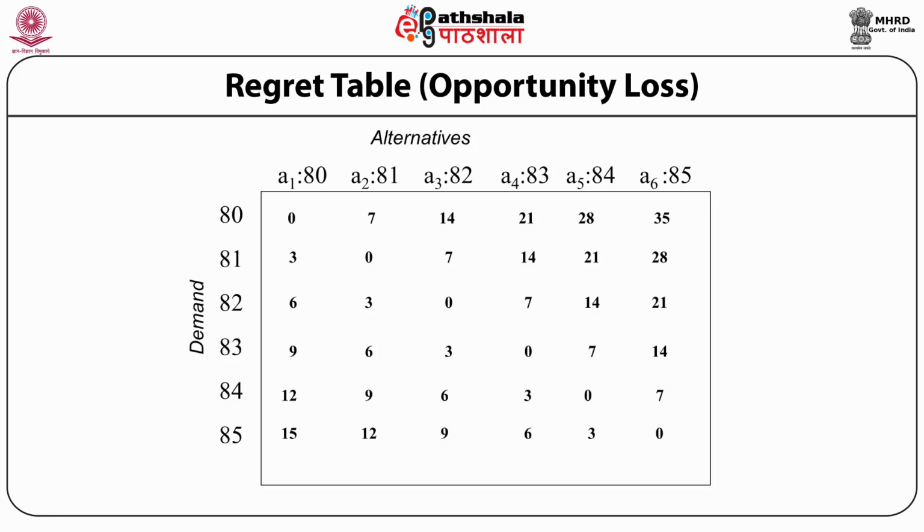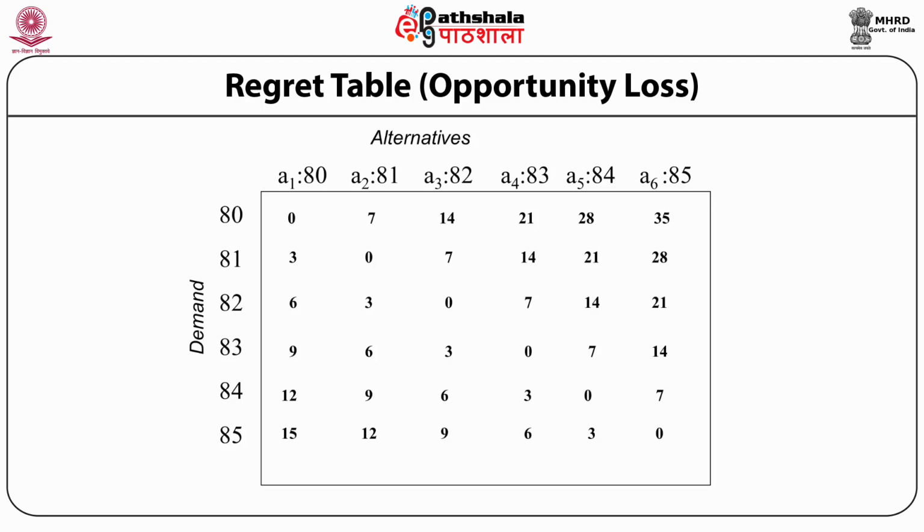So in this way, we can prepare the regret table for the given information, and there is also a very easy method to prepare the regret table. That is, first, when we have prepared the payoff table from the given information, we can identify the highest value in every column corresponding to the alternatives and subtract every item from the highest value, which will give you the regret or opportunity loss.